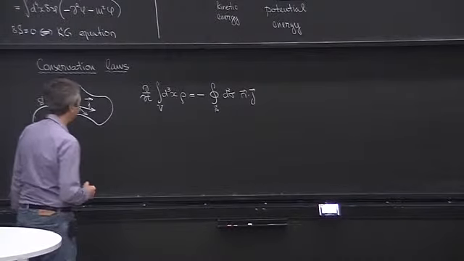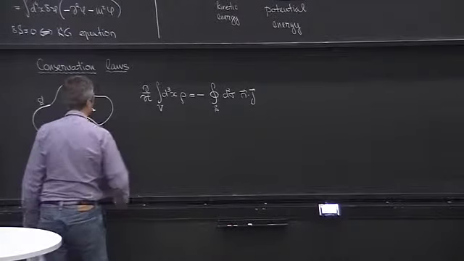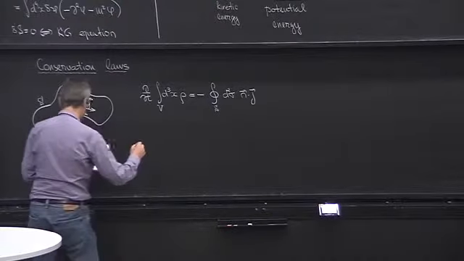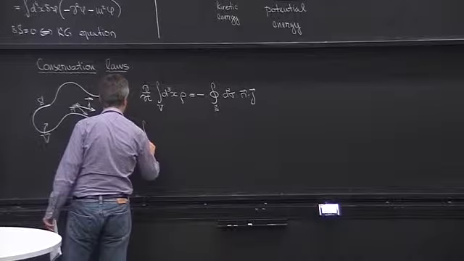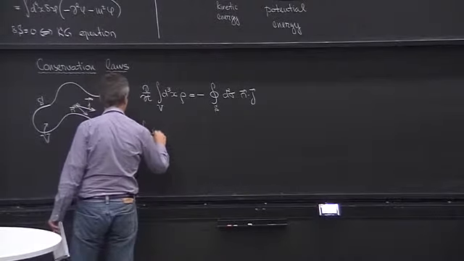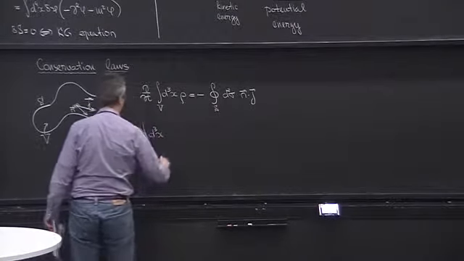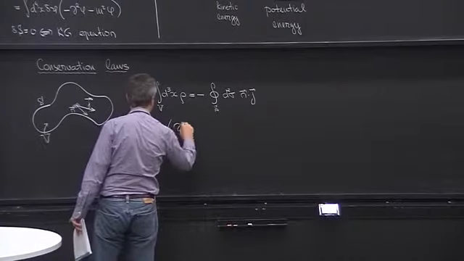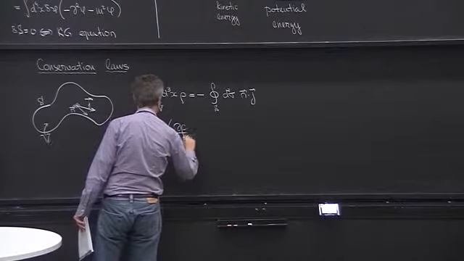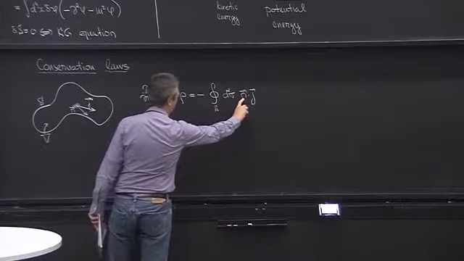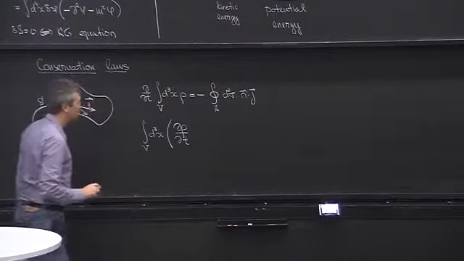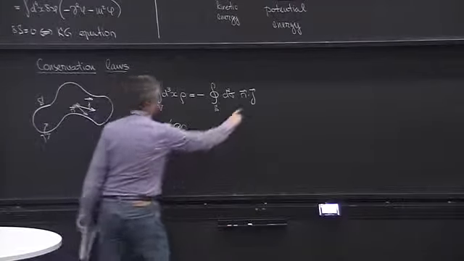Now, using the Stokes theorem, this can be written as a volume integral. By the Stokes theorem, the second term is equal to the volume integral of the divergence of the flux.